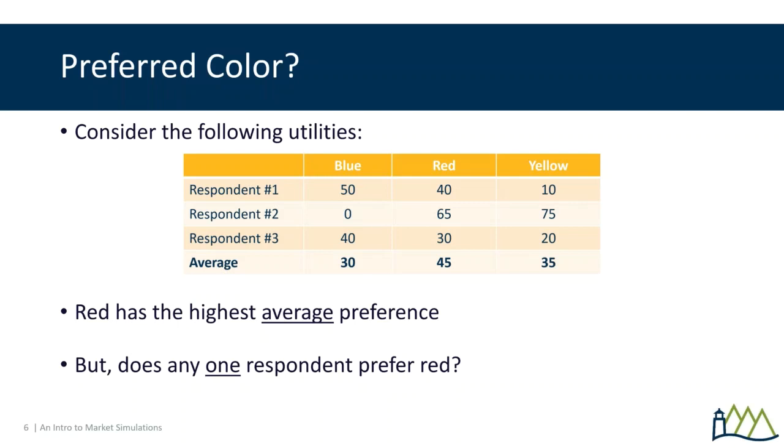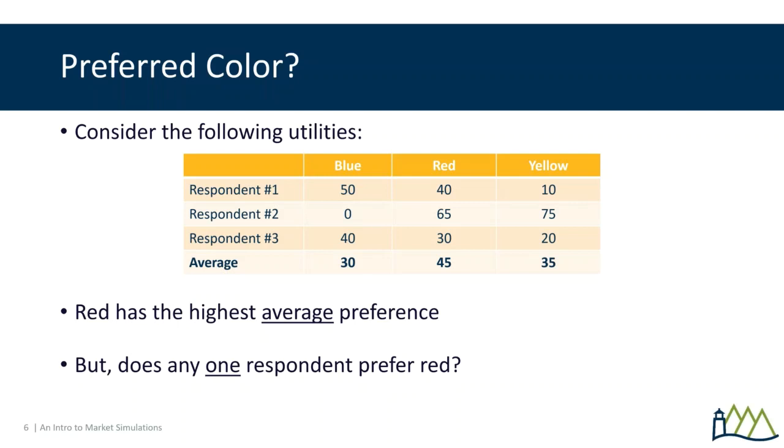And we estimate their individual level utilities for each of those colors, and we get utilities for respondent 1, respondent 2, and respondent 3. If we were to only look at the averages, we'd take the average of the blue column and get 30, the average of the red column and get 45, and the average of the yellow column and get 35, and we would conclude, well, red has the highest average, therefore our widget should be red.